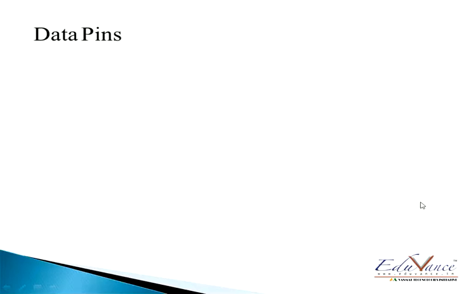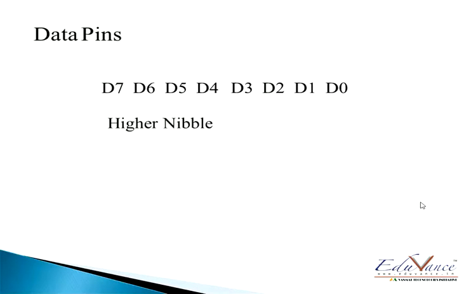Now we have data pins. What were the data pins? D0 to D7. So D7 forms the MSB and D0 forms the LSB of the data pins. So I just split them up into a higher nibble, which is D7 to D4, and a lower nibble, which is D3 to D0. A nibble is a 4-bit number.